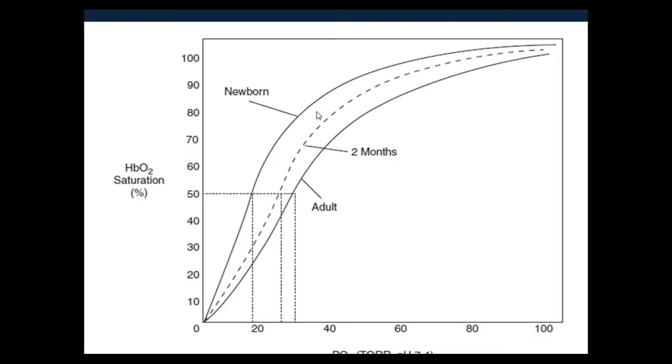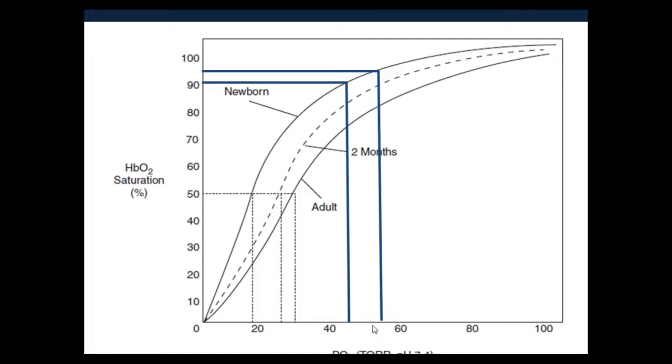Is this beneficial to the newborn or not? So let us discuss this in more detail. Assume that we have partial pressure of oxygen around 45 or 50, then it can be associated with oxygen saturation around 90 or still a little bit above 90%, which is acceptable.